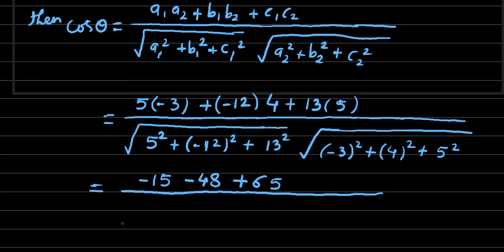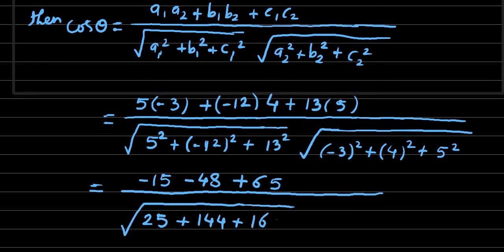Now again in the square root, we have 5 square is 25, then plus 12 square is 144, and plus 13 square is 169, into, in the second square root, minus 3 square is 9, then plus 4 square is 16, plus 5 square is 25.